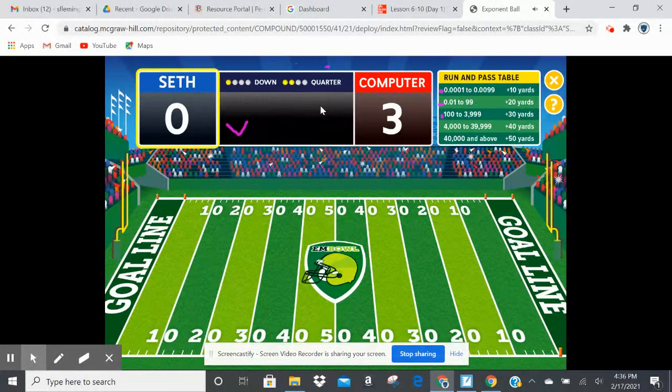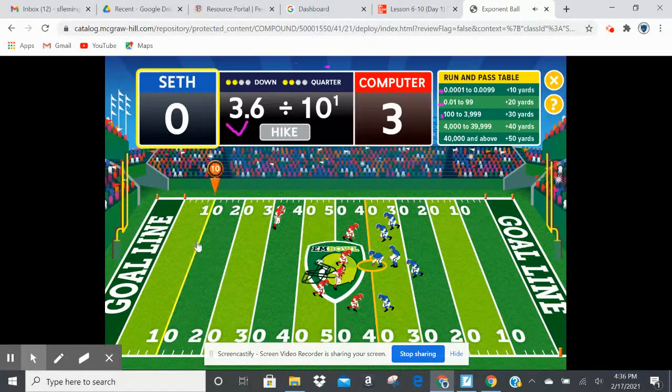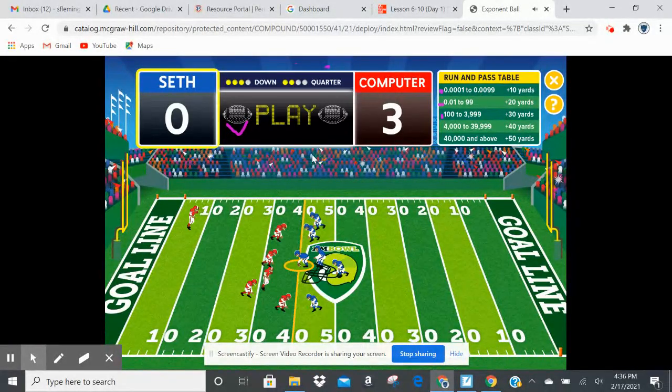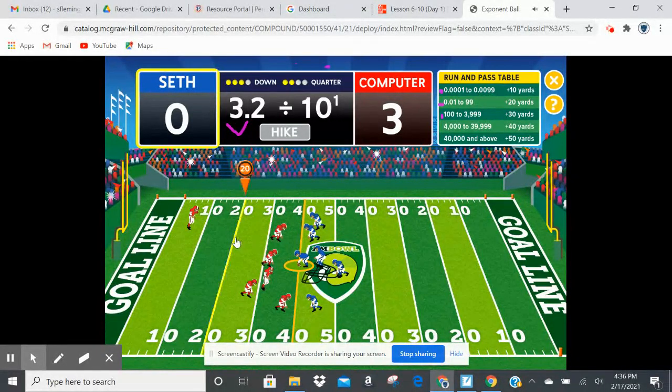Yay! That's right. Let's try it again. I'm going to move it one place over, so that's 0.36. That's another 20 yards, so 10, 20. Hike it. Move it over once, and again, it's 20 yards.